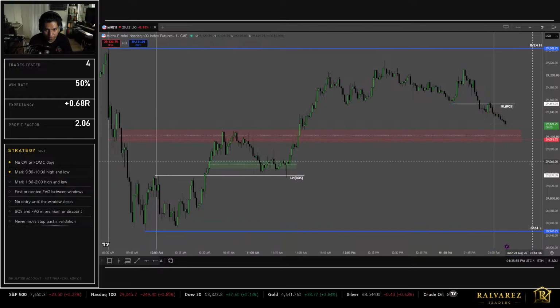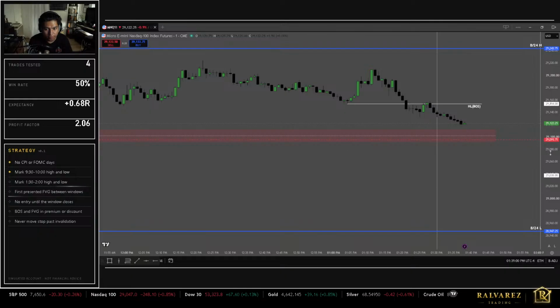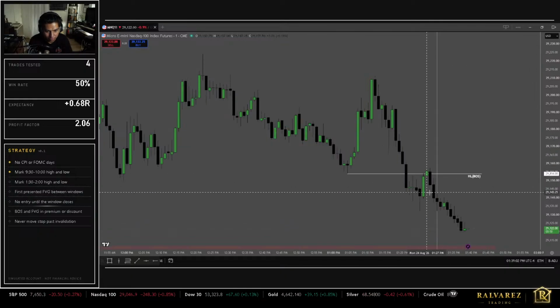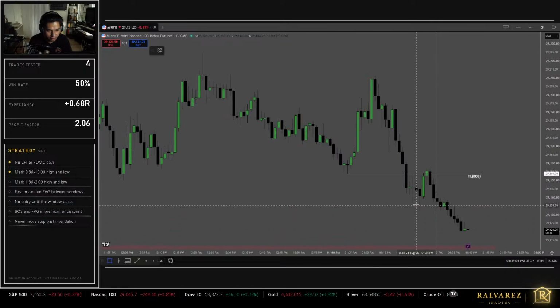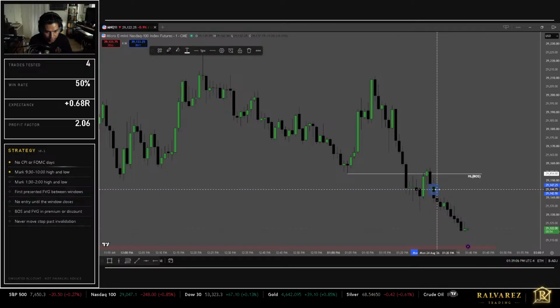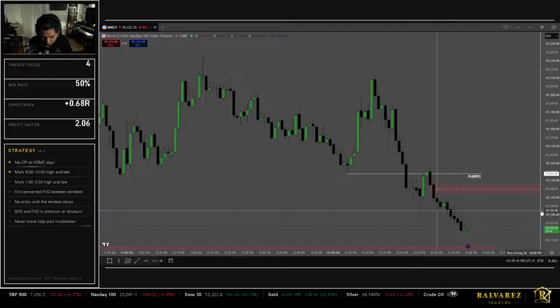And then we're looking for a fair value gap to form after that higher low. And we can see that we do actually get one right here. So we're going to be looking at this level right here, keeping our eye on it. And we're not taking a trade until after 2 o'clock.